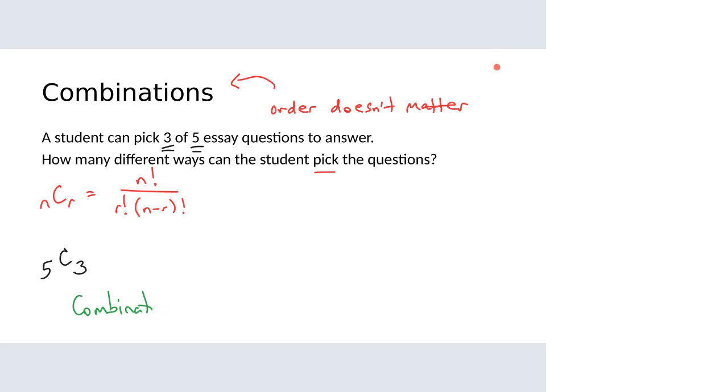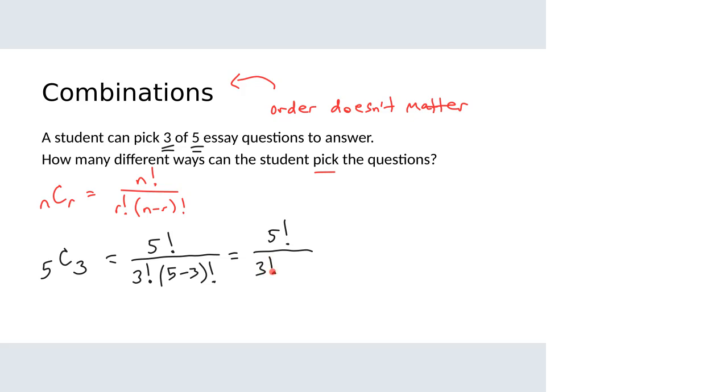Let's plug it into our formula and see how this one plays out. We'll have 5 factorial over r factorial times n minus r factorial. Okay, so this is a little more complicated than what we did with permutations, but not a whole lot. We've got 5 factorial over 3 factorial, 2 factorial.